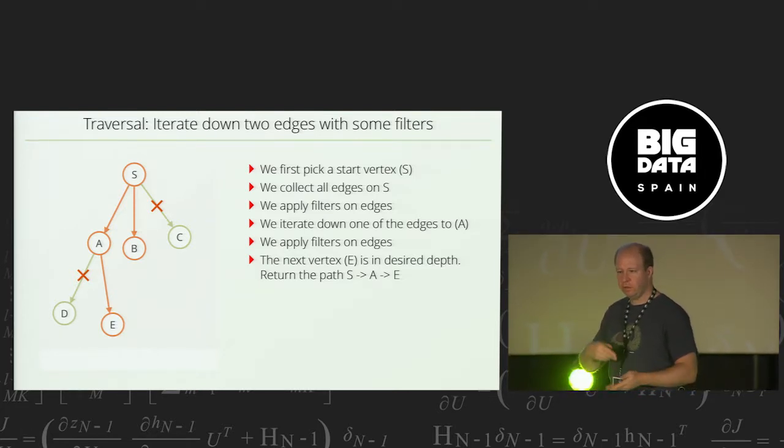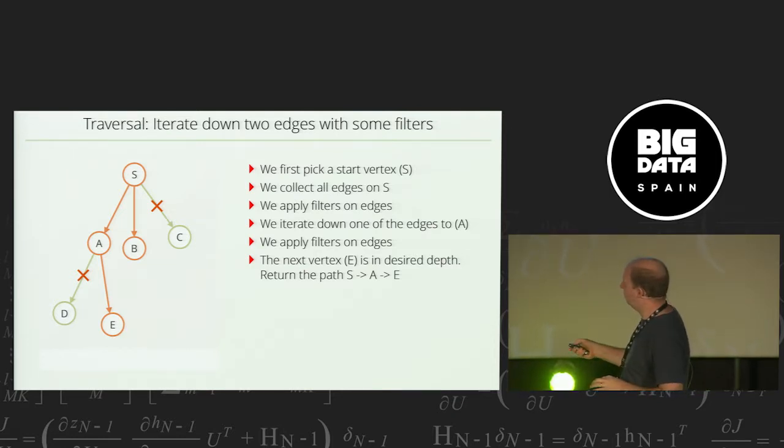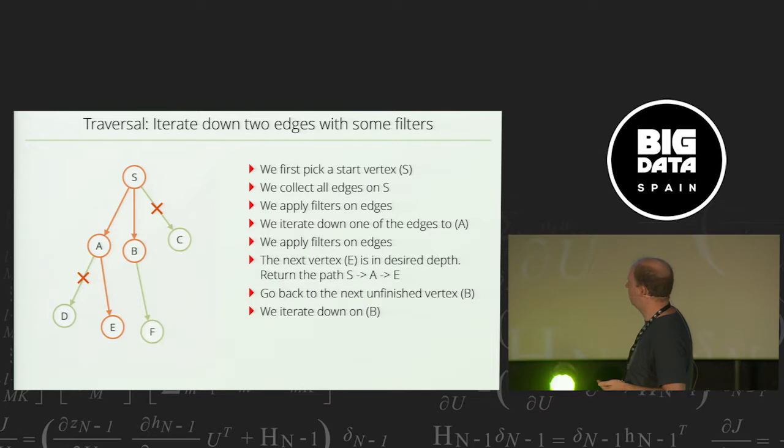Now, if we are looking for all these paths of length 2, then we would backtrack, continue here for looking for more neighbors, but there are none. This is discarded. And so then we would have next to start here and go to an unfinished vertex and explore from there. And we find another path, we return that.